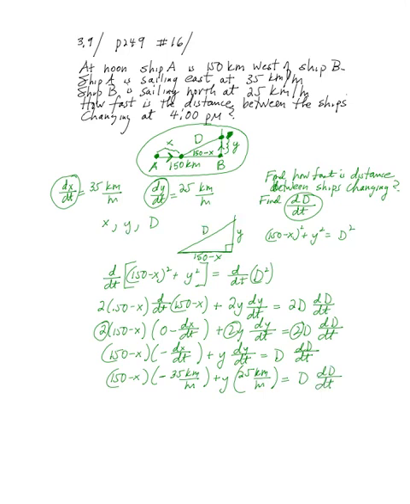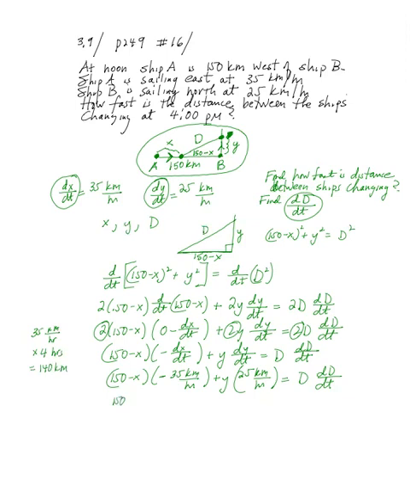How long has the ship traveled? 4 hours. Ship A is going east at 35 kilometers per hour. So 35 kilometers every hour times 4 hours equals 140 kilometers.